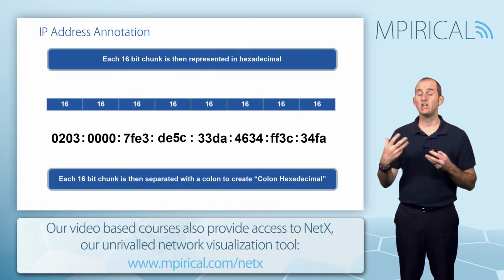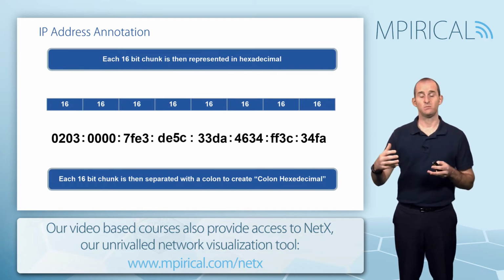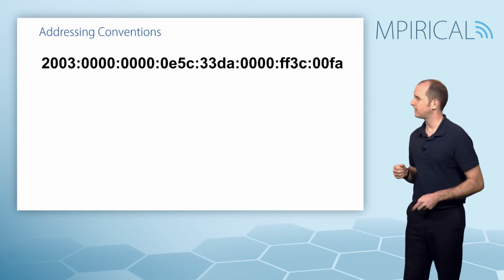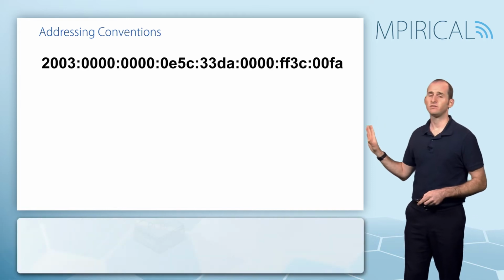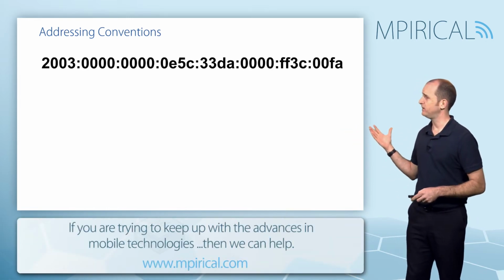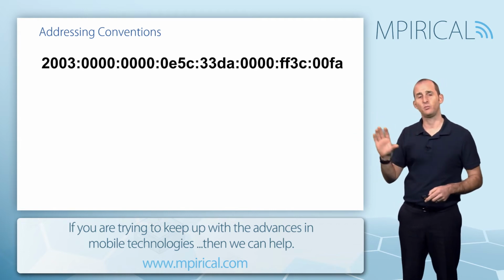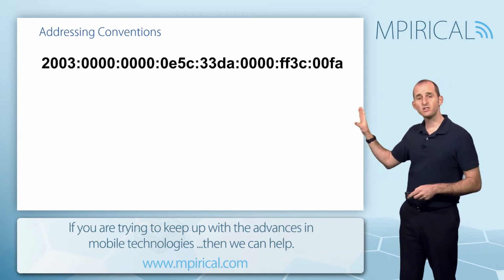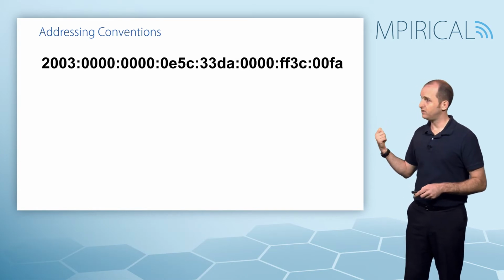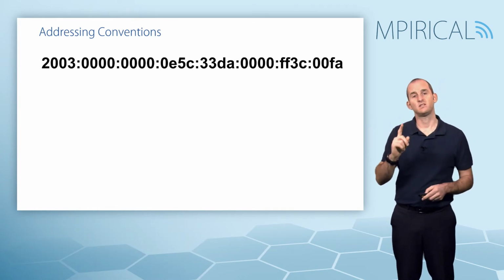So there are additional measures in place which make it even easier for humans to deal with. So let's consider some of those techniques that can be used. So here we have an IPv6 address, and as you can see in this IPv6 address, the first thing I want to point out is there are strings of consecutive zeros, or consecutive zeros within one 16-bit block.